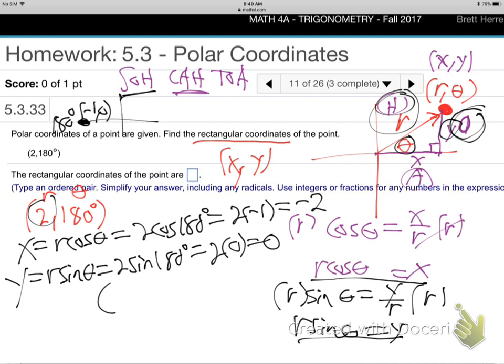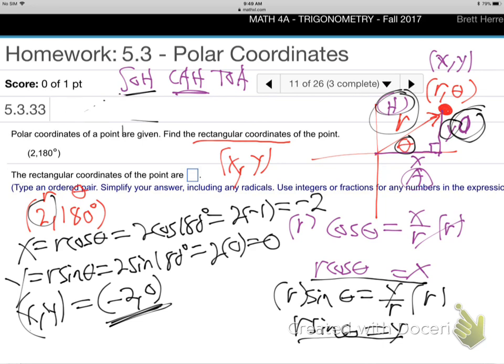So the point, the xy point, is -2, 0. Like that. There it is. Is that good? Is that right, by the way? Like, in other words, let's actually do that.